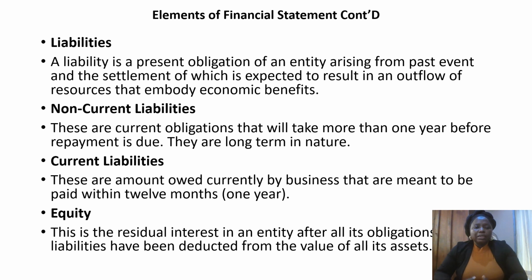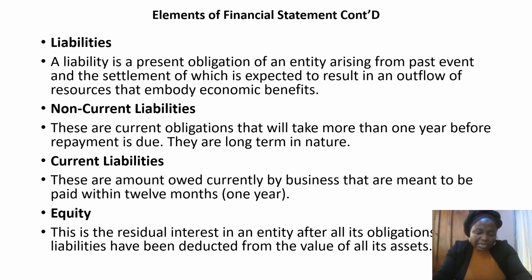So when assets are resources of an enterprise, obligations are commitments on the part of the business, commitment on the part of an entity, commitment on the part of a company. So they are current obligations, current commitments of an entity as a result of its past involvement or past activity.